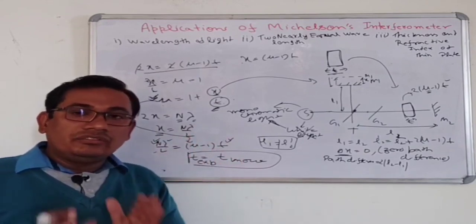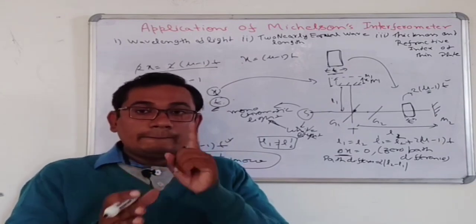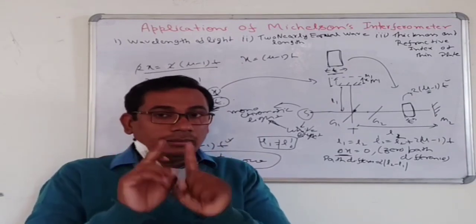It means that when we use white light, you can calculate the value of mu, but you should know the thickness of the plate.